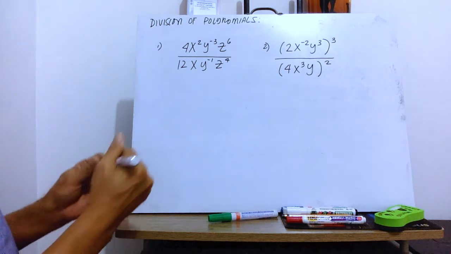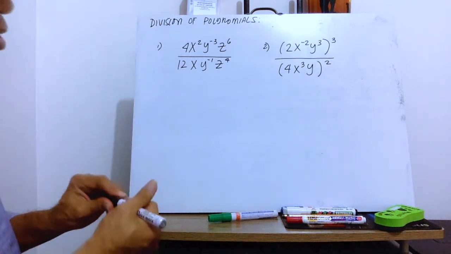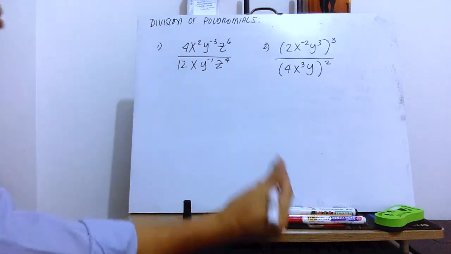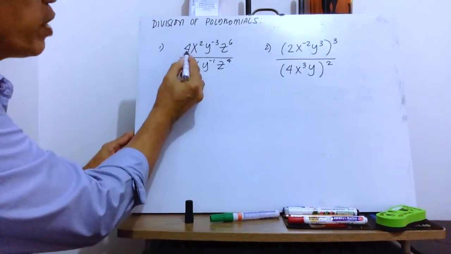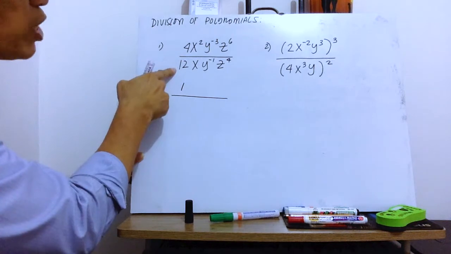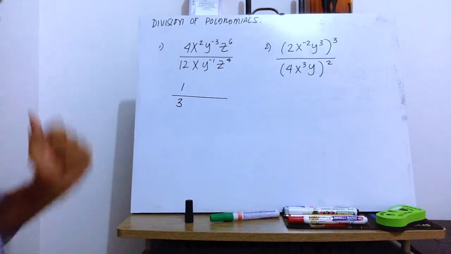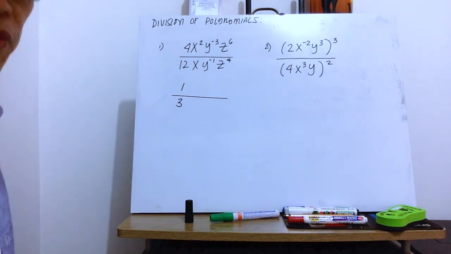Here we cannot divide 4 by 12, right? But we can simplify. All of them are divisible by 4. So I can divide this by 4, make it 1. I can divide 12 by 4 to make it 3, right? So 4 over 12 is simplified to 1/3.